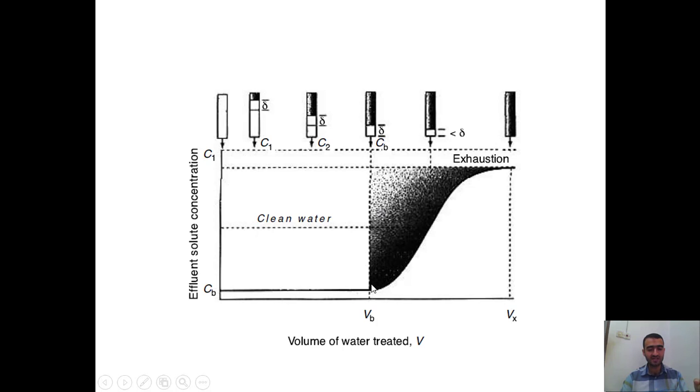At this point, delta starts to decrease. I mean, the active exchange zone starts to decrease, and the effluent solute concentration starts to increase.